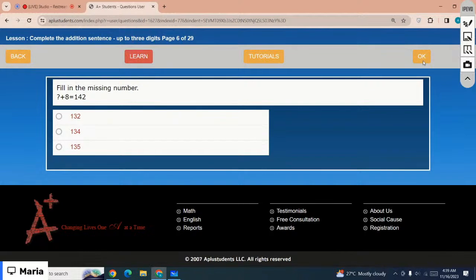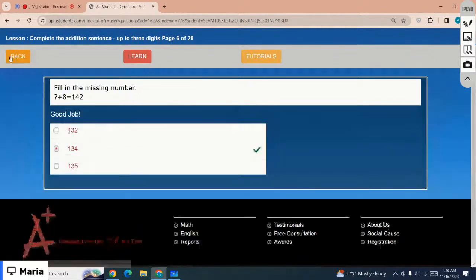So which number is missing? The correct option is that is 134, right? 134 plus 8 equals 142, right?